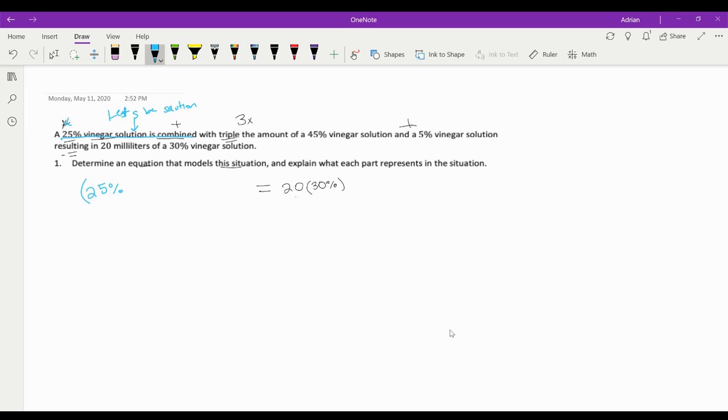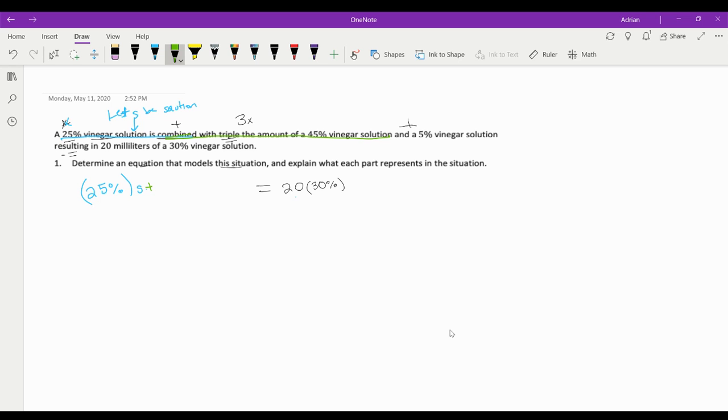So 25% of the solution is vinegar plus, and let's add green, plus a combined, so we're going to combine it with triple the amount of a 45% vinegar solution.